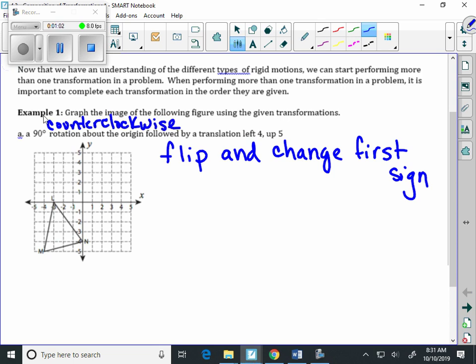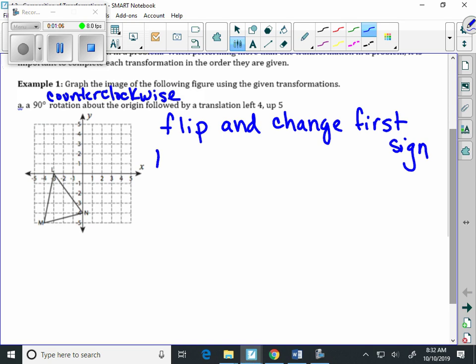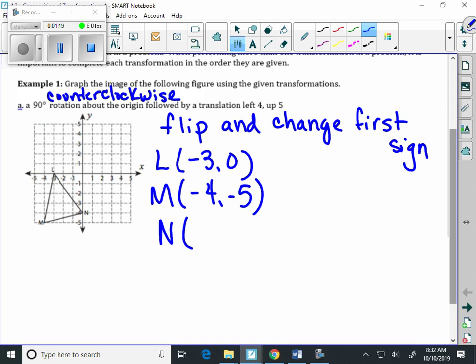So let's look at our ordered pairs. What we have is that L is -3, 0. M is -4, -5, and N is 0, -4. Again, we're going to flip, and we're going to change the sign of the first.